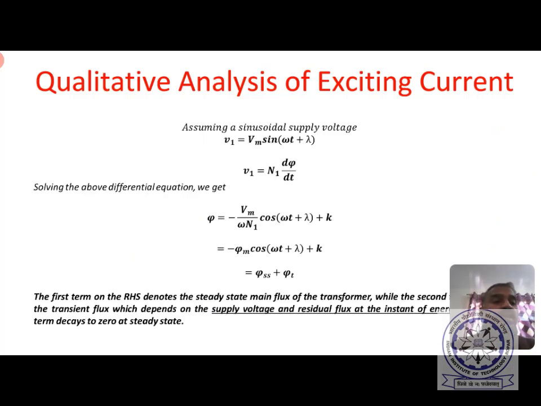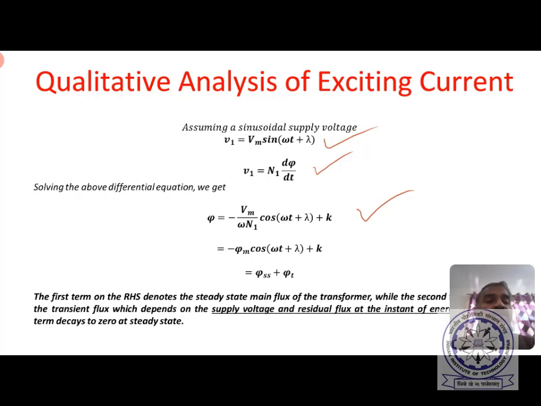Now, qualitative analysis of exciting current continued, assuming a sinusoidal supply voltage V1 equals Vmax sin(omega t plus lambda). Therefore, V1 is equal to N1 d phi by dt. Solving the above equation, we get phi equals minus Vm by omega N cos(omega t plus lambda) plus some constant k.